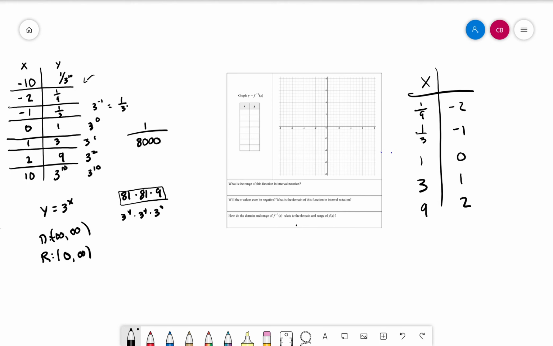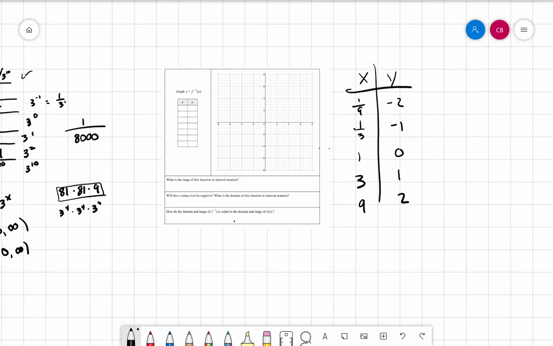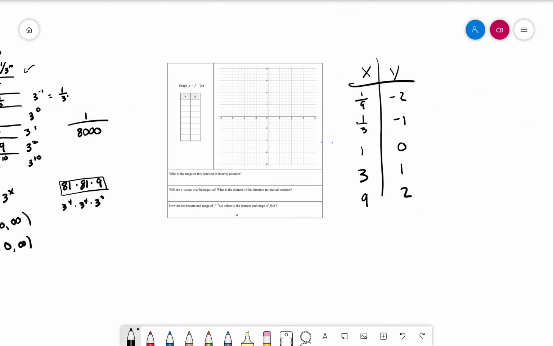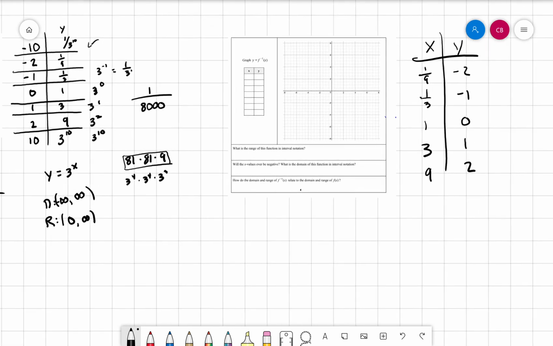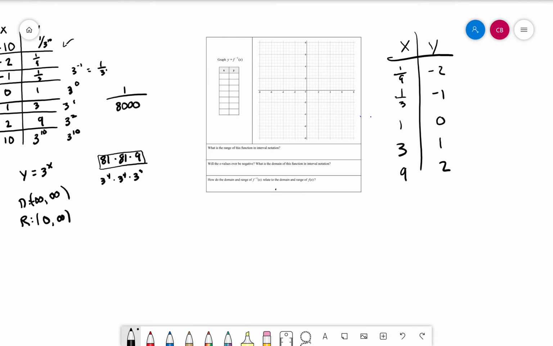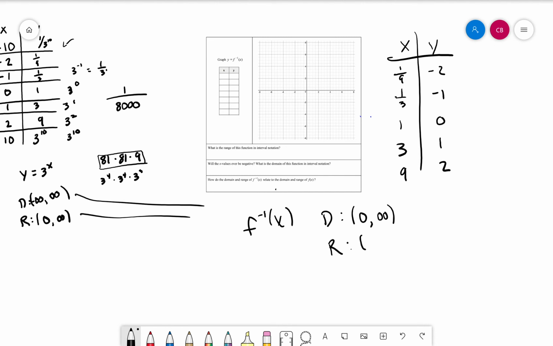Okay, and these are your y values. And so it says, what is the range of this function? Well, we know from earlier when we talked about inverses that we switch the domain and range. So since f inverse of x, we switch the x's and y values, that means the domain and range switch. So the domain of this is going to be from 0 to infinity. And the range is going to be from -infinity to infinity.